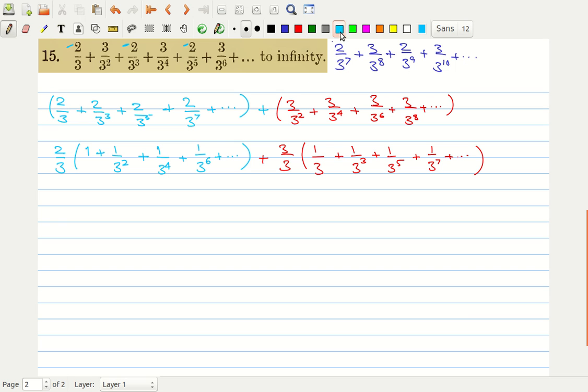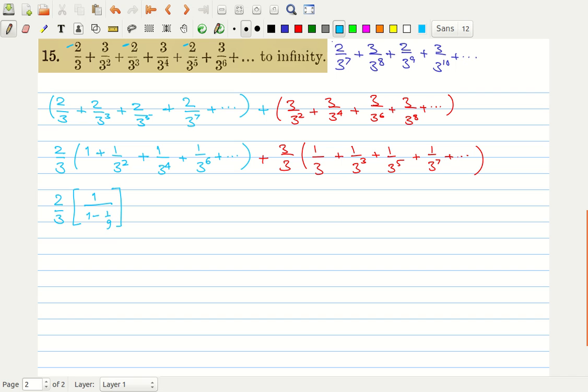So what is the sum of this part? This is 2/3 times 1 divided by 1 minus 1/3², which is 1/9, because our common ratio is 1/3², right?